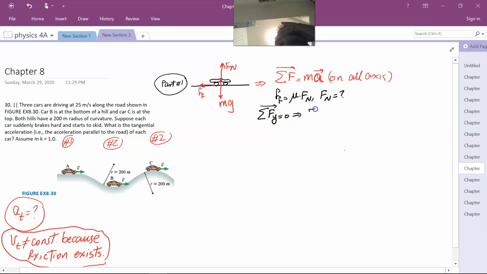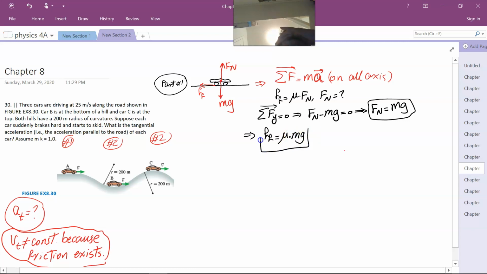Therefore Fn minus mg equals 0, and then Fn becomes equal to mg, correct? And then friction force on part 1 becomes mu Fn, mu times mg. This is what we learned, correct?